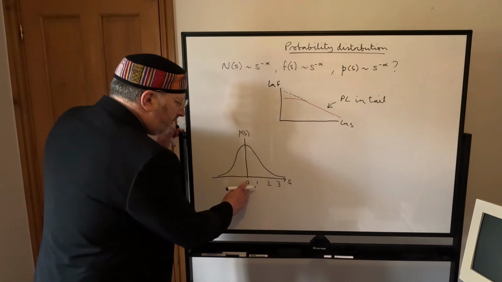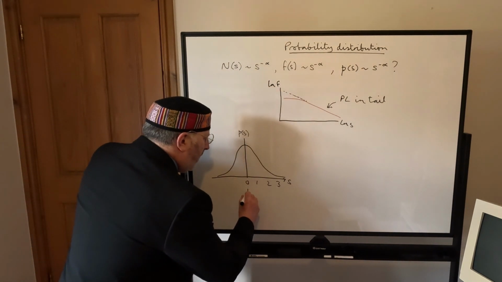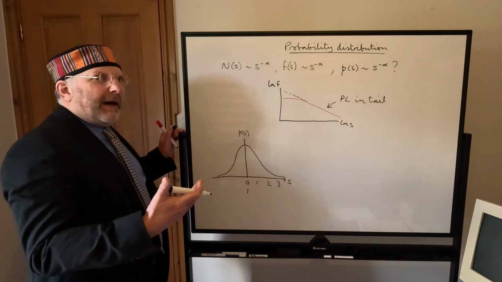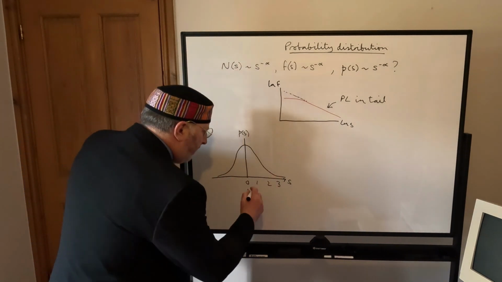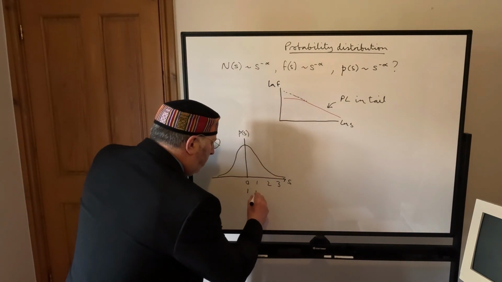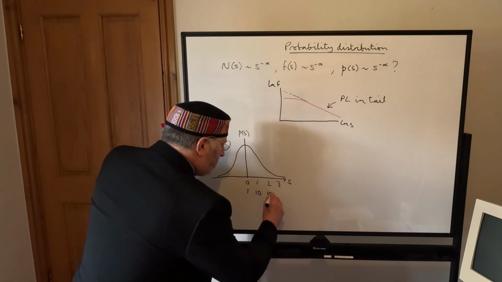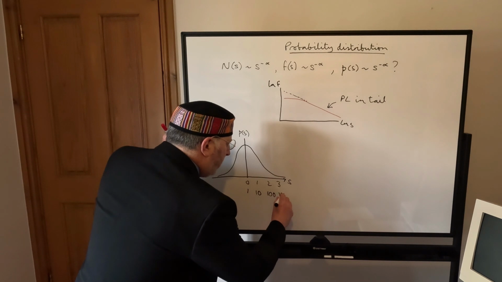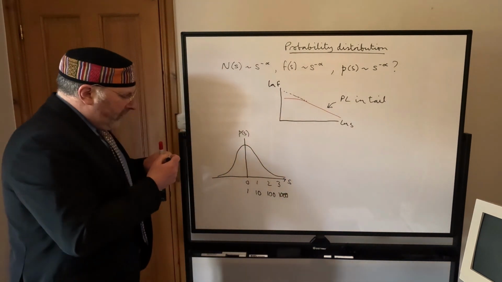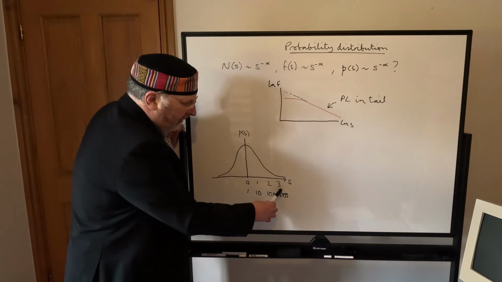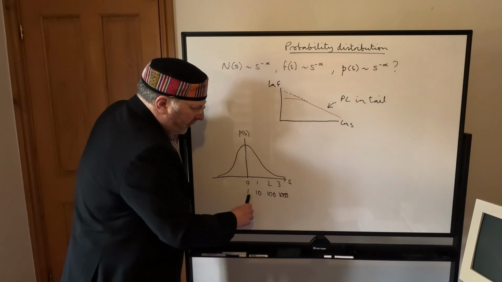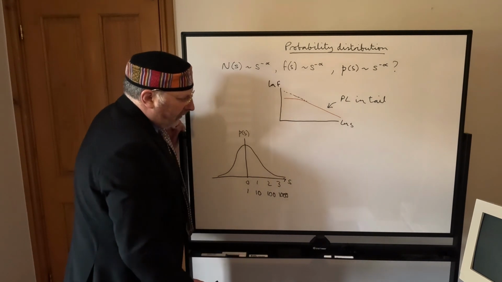So 0, that would be the logarithm of 1, and I'll just use logarithms to the base 10 for simplicity. So 1 is the logarithm of 10, 2 is the logarithm of 10 squared, 100, 3 is the logarithm of 1,000. So if these are actually logarithms, then the underlying values are going 1, 10, 100, 1,000.